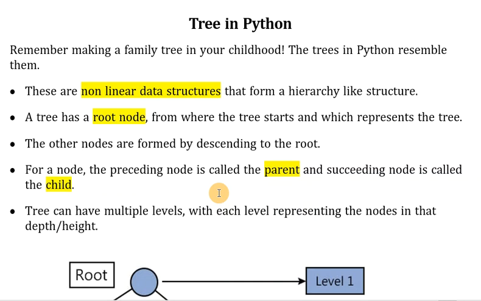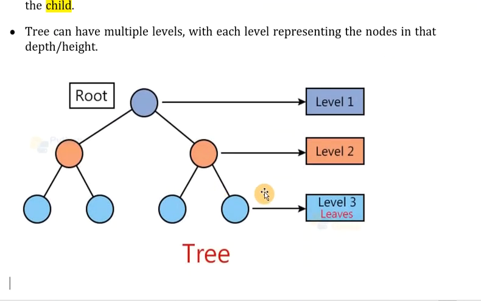See here, in this diagram, the first element from where the tree gets started is called the root element, the root node. After that every node has some children. These are the child elements for this particular root.